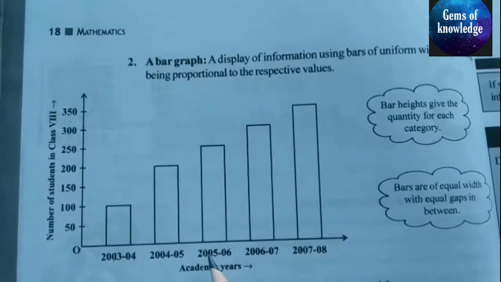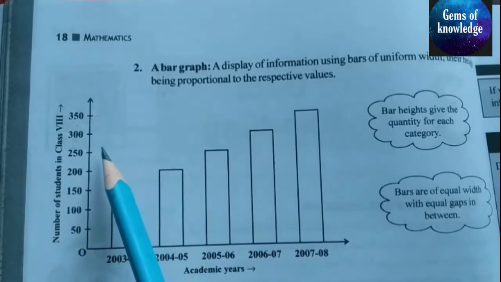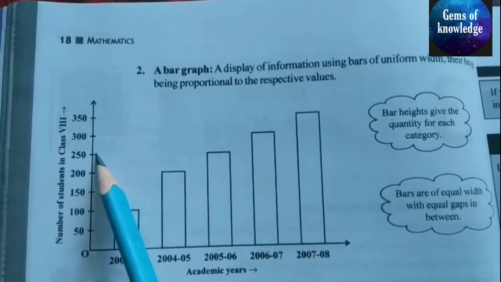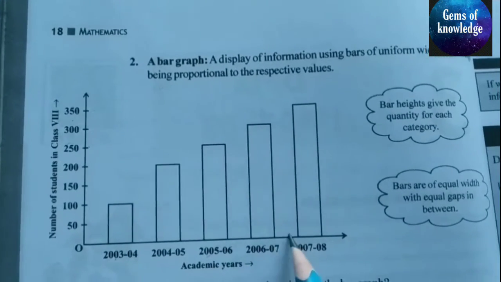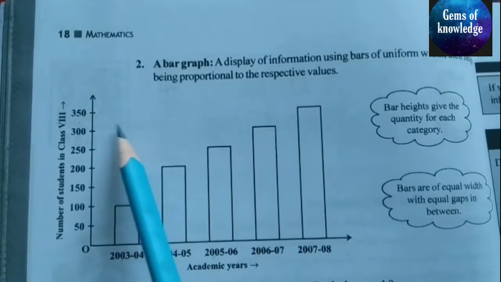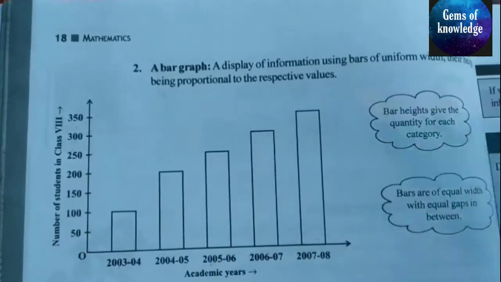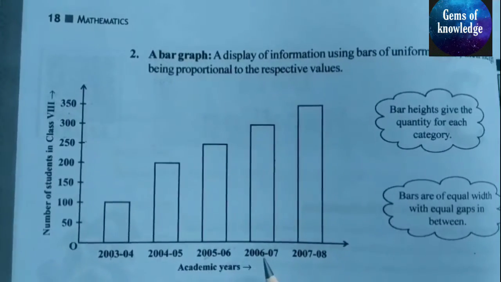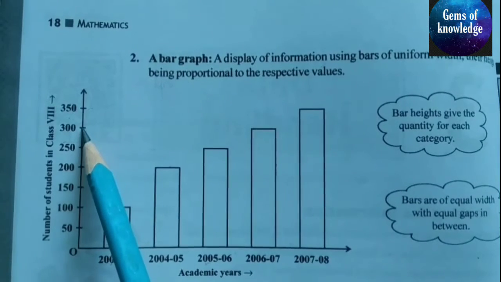Then 2005 and 6. Here you can see this is in between. Sorry, this is on 250. So it means there were 250 students in the year 2005 and 2006. Similarly 2006 and 2007, this is given on the line 300.